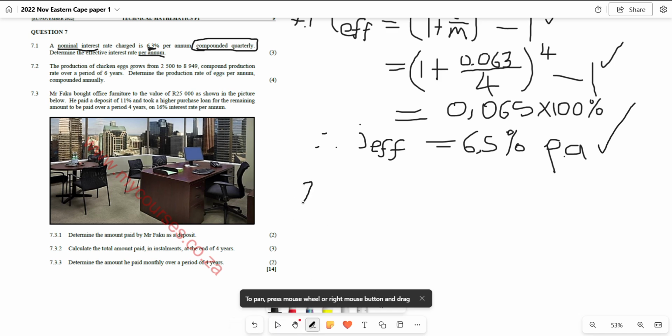7.2. It reads as follows. It says the production of chicken eggs grows from 2,500 eggs to 8,949. The key word here, it says it is a compound production.